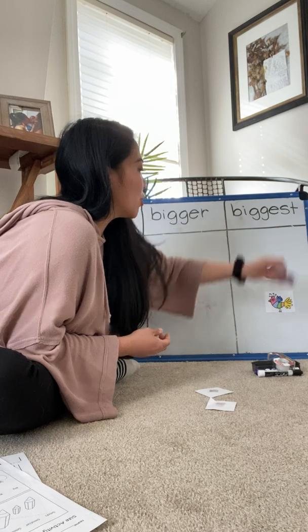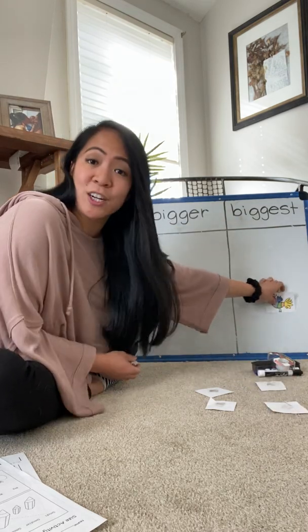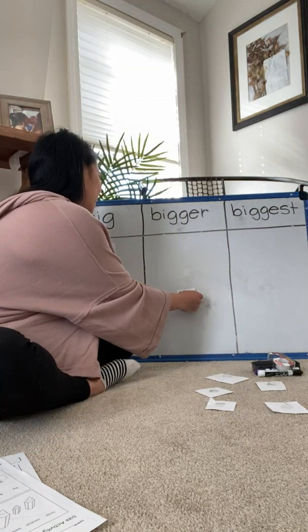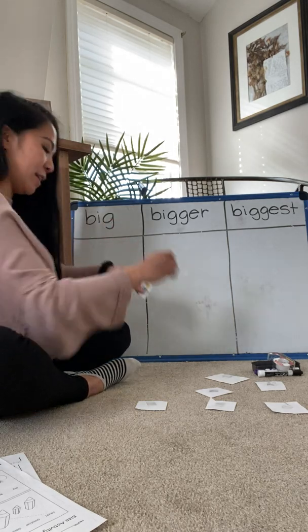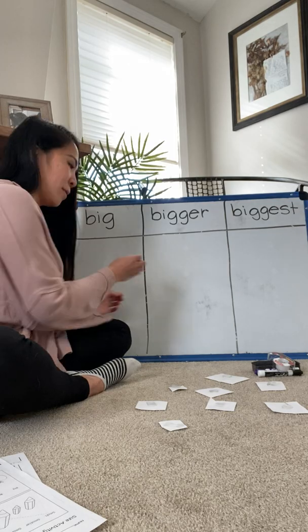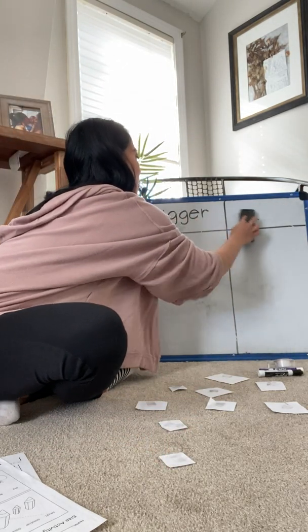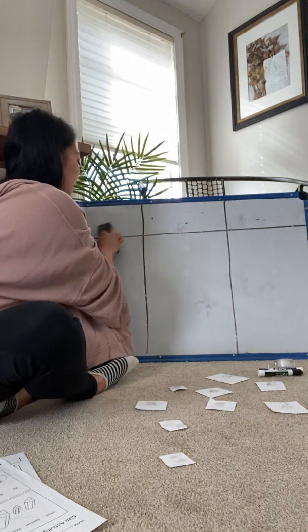We are going to do small, smaller, and smallest. All right, so I'm going to take these all off, and then I'm going to erase the board, and I'm going to write them on the board. Okay, so let's just erase this, and this.